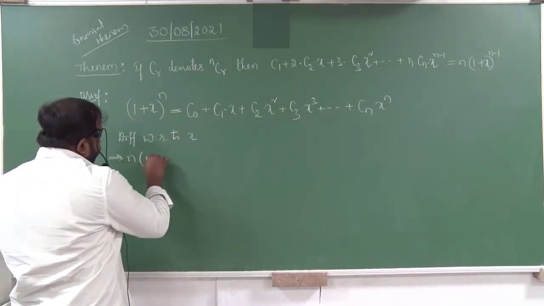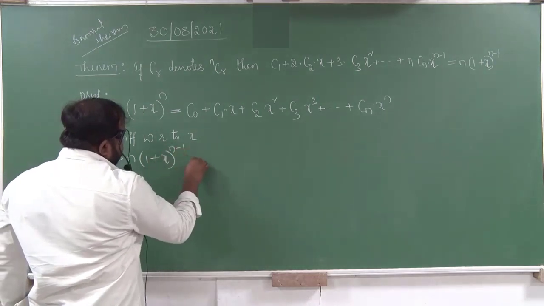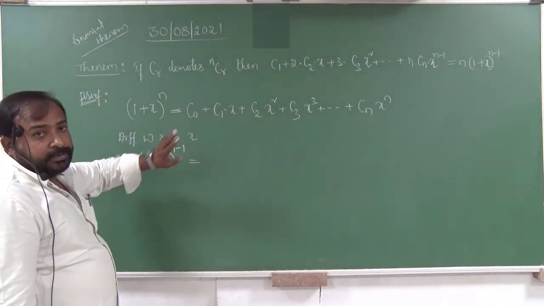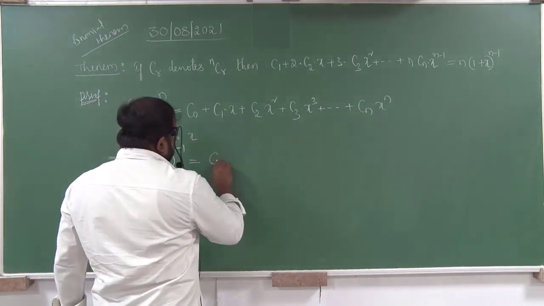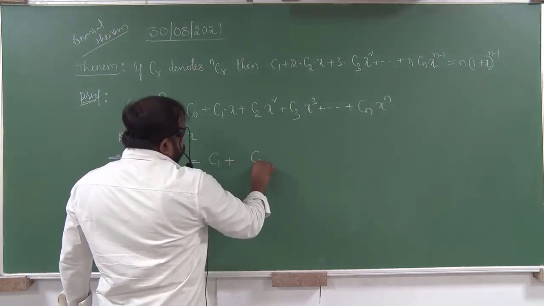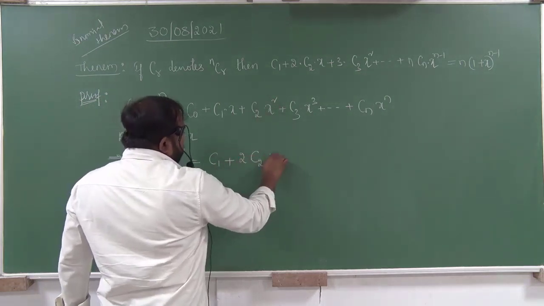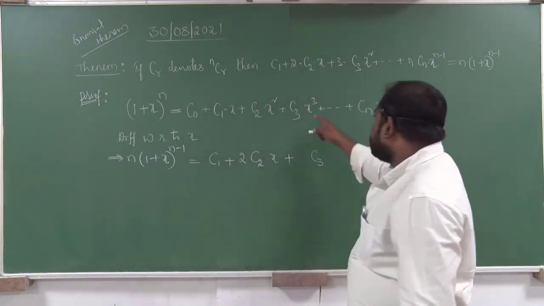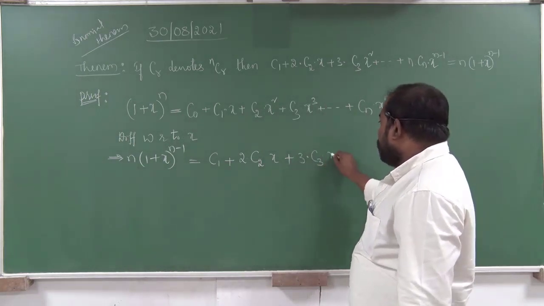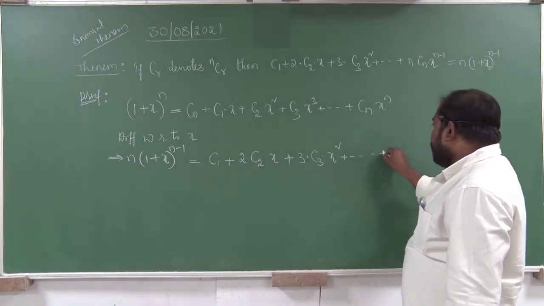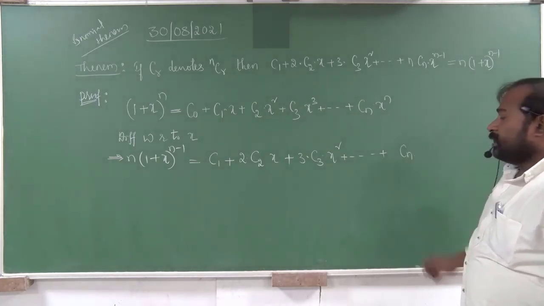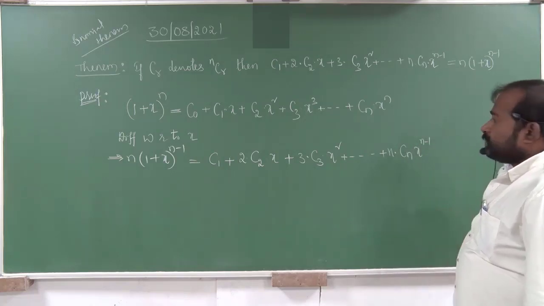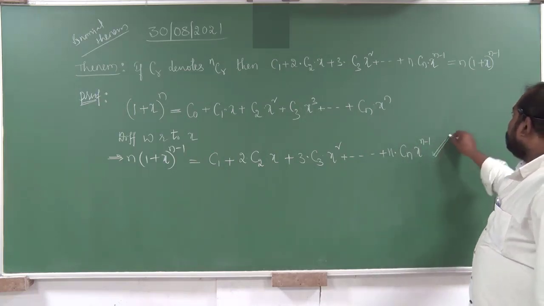It is n into (1 plus x) whole power n minus 1, equal to C naught, which is a constant, so its derivative is 0. Then C1, plus C2 into x square whose derivative is 2x, plus C3 into x cube whose derivative is 3 into x square. By proceeding like this, Cn into x power n has derivative n into x power n minus 1. Directly you are getting this result now.